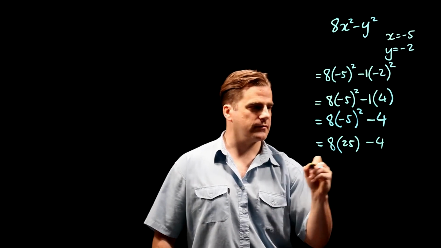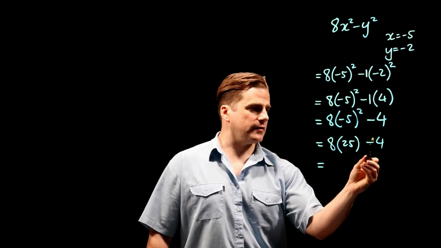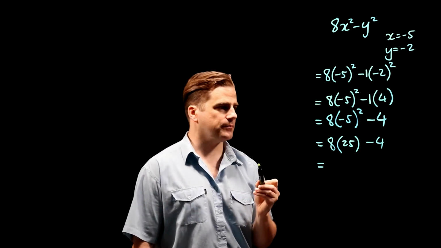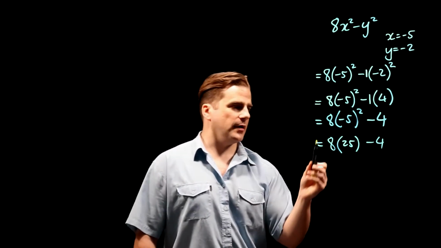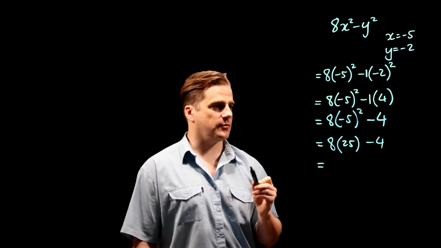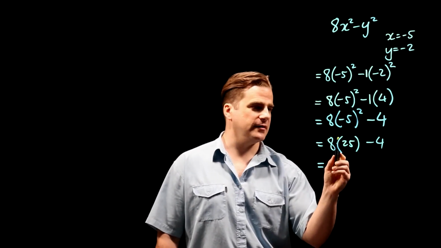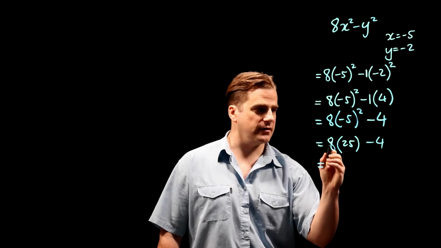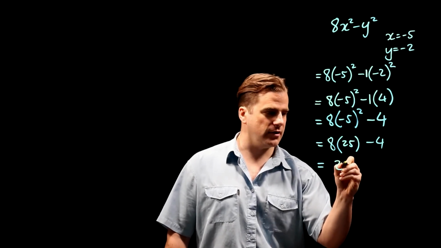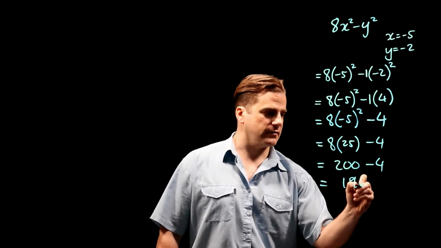Okay, we've got 8 times 25, and then a subtraction, -4. BIDMAS, multiplication beats the subtraction. Subtraction is at the bottom of the pile, it's the S on the end of BIDMAS. So we do the multiplication first. 8 times 25 is 200, minus 4, which is 196. Boom.